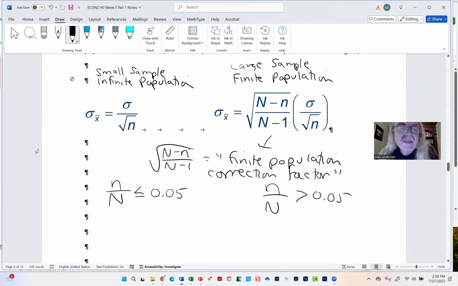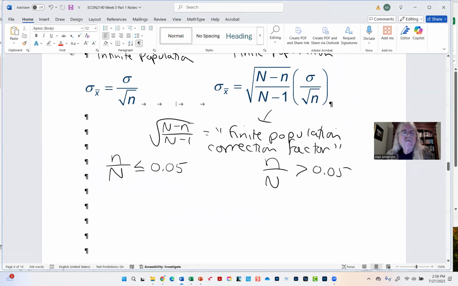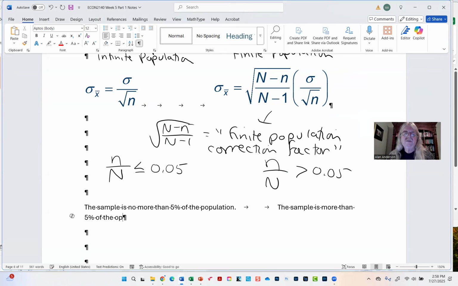Now, what does that mean in English? On the left, the sample is no more than 5% of the population. On the right, the sample is more than 5% of the population. That's all it means. So you have to make that decision before you decide what to do about these two.